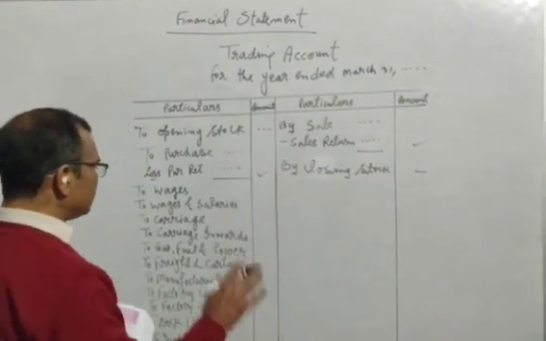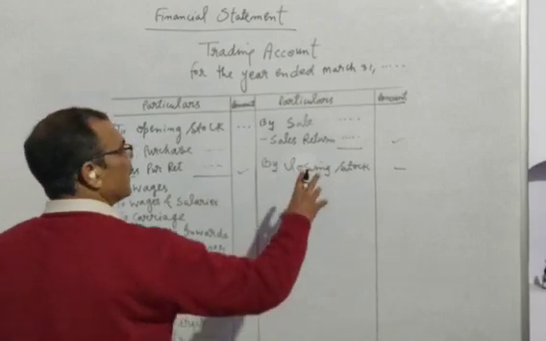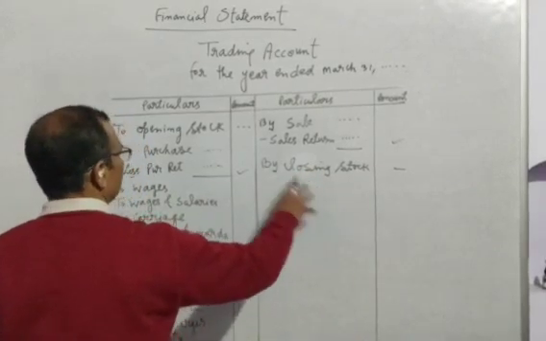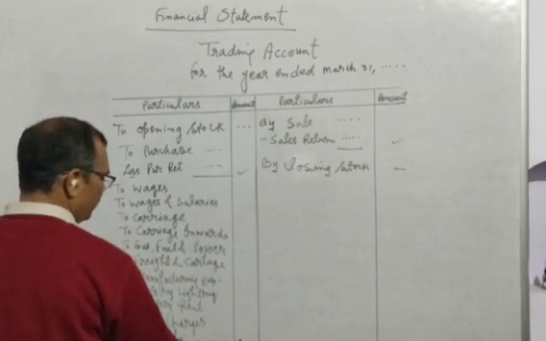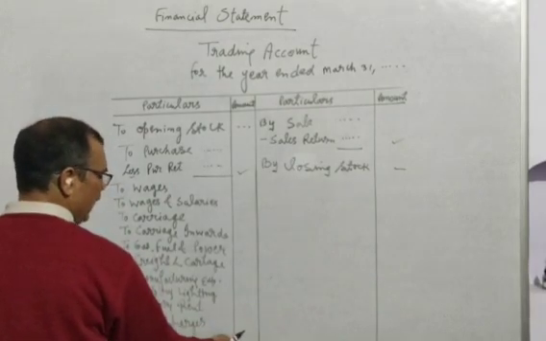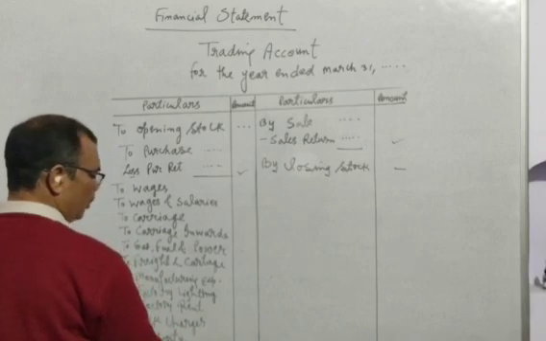But we should understand, if the credit side's total is bigger than the debit side, the balance amount will be written on the debit side, and we will write it as gross profit.